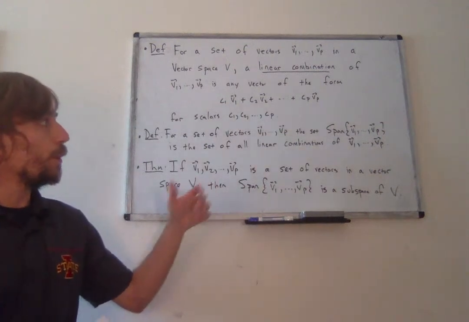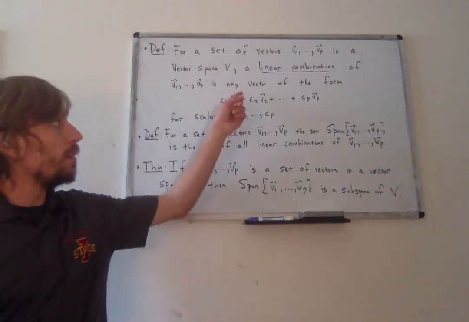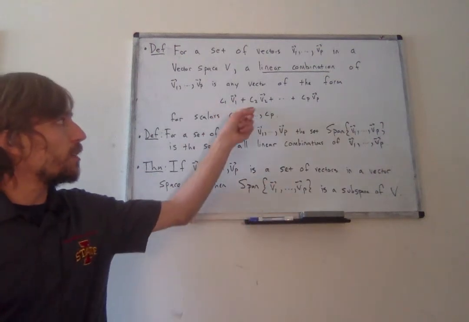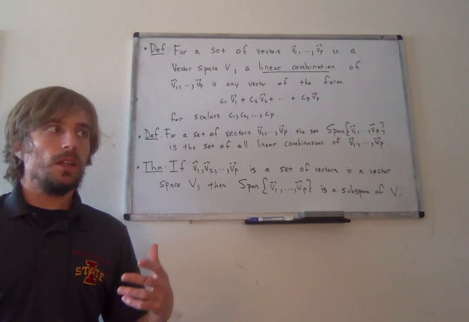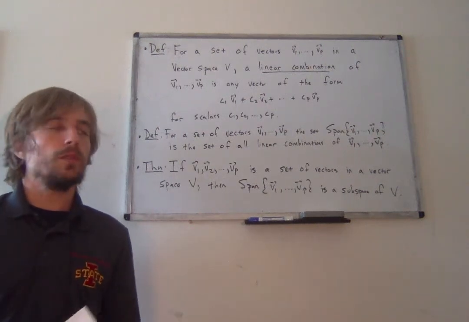For example, if you wanted to show the zero vector was in this span, you just let each of these constants be zero. And when you want to show closure under addition, you just group all of the like terms together.